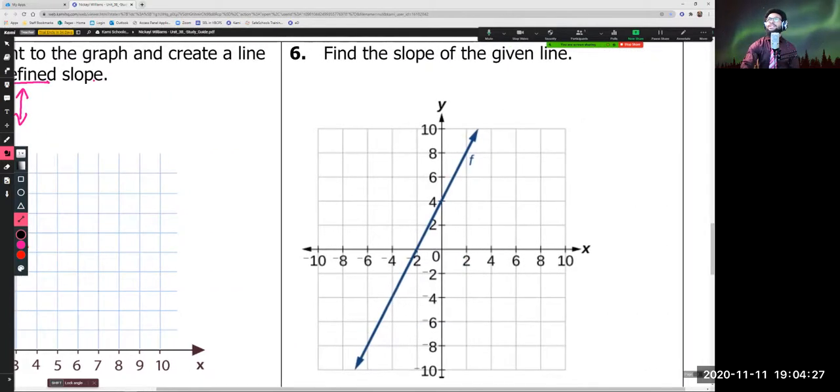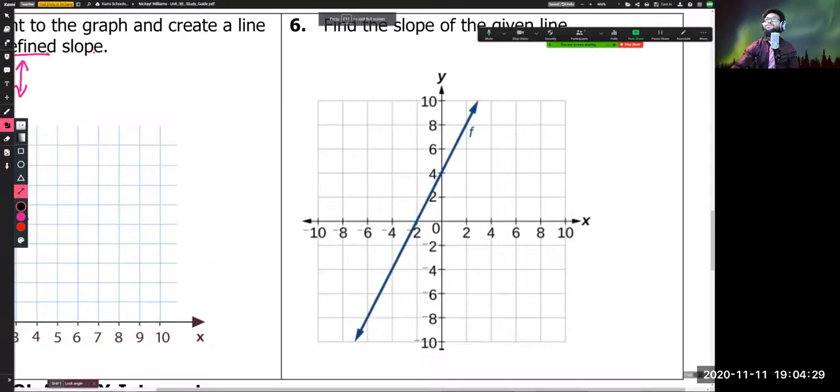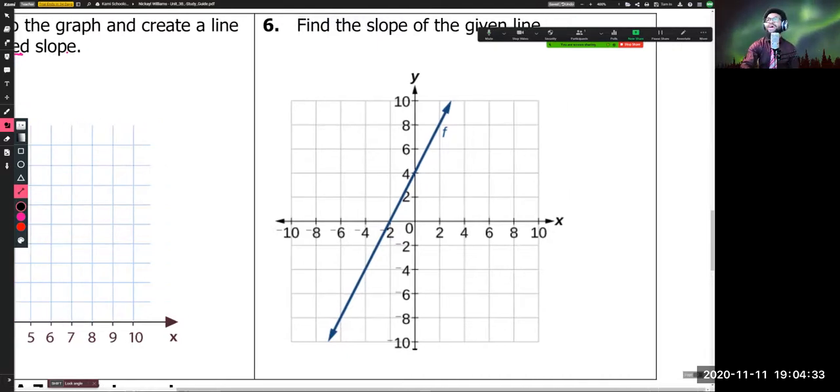So number 6 says, find the slope of the given line. When we have a graph to find the slope from, we want to start off by picking 2 points on the graph, 2 good points on the graph. So what I mean by good points, we want to pick 2 things where we have the lines crossing.